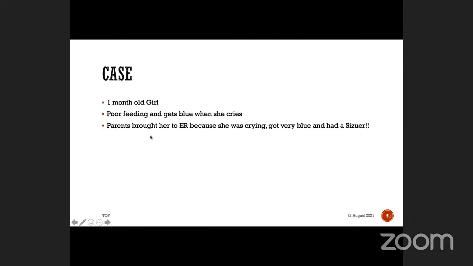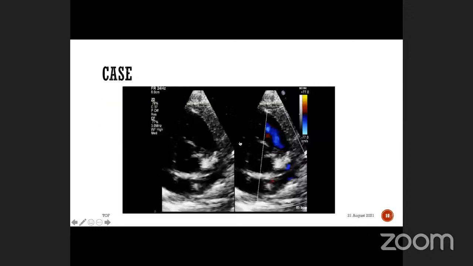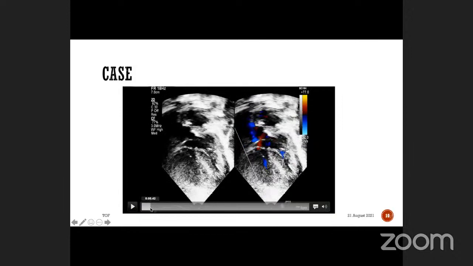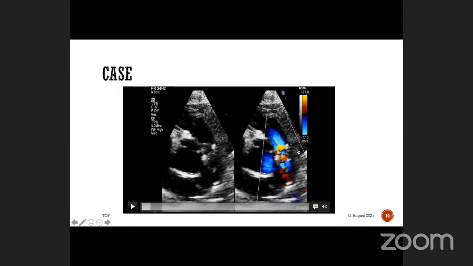So, a 1 month old with poor feeding who gets blue when she cries presents to the ER because she was crying, got very blue, and had a seizure. If you look at the echo, the loops are very fast, I'm sorry, but see here there's turbulence at the pulmonary valve level. The RVOT is very long.